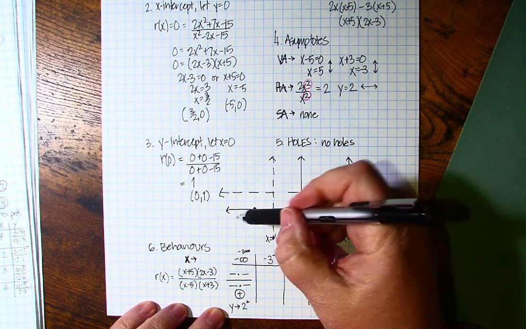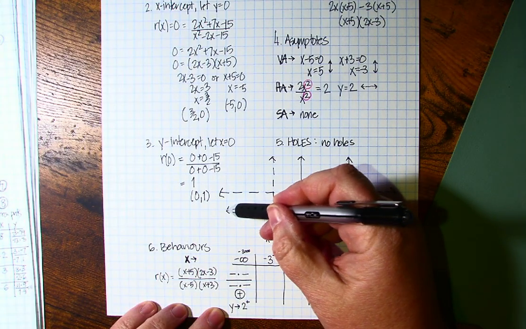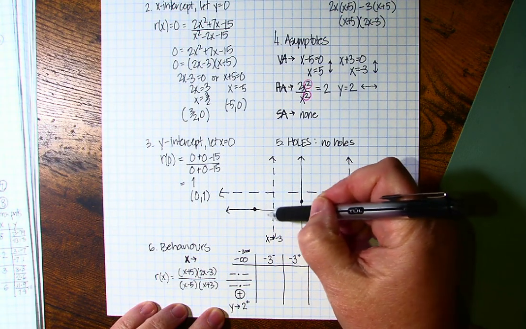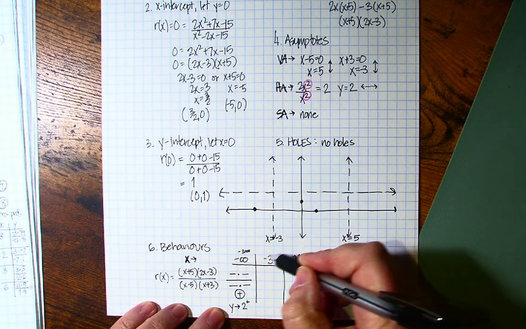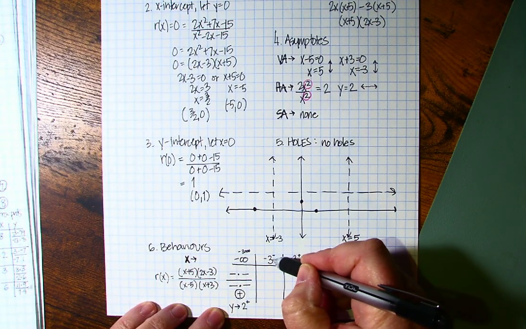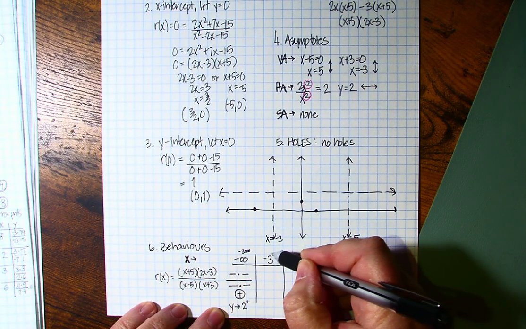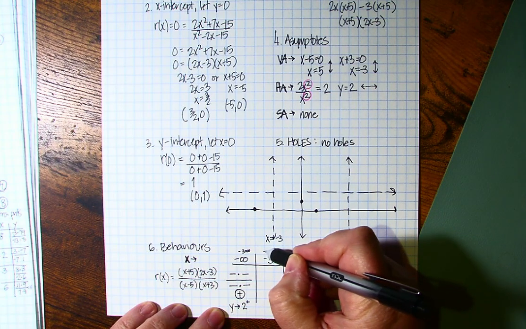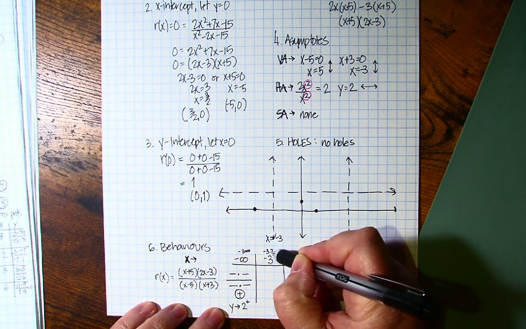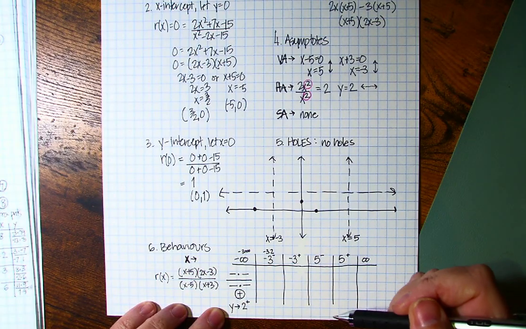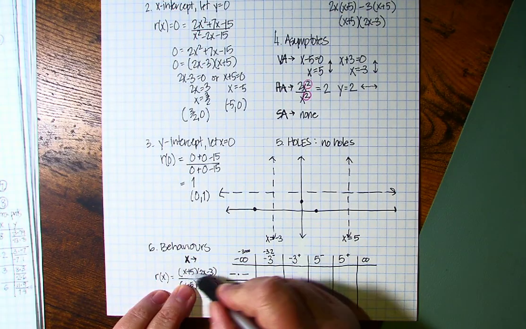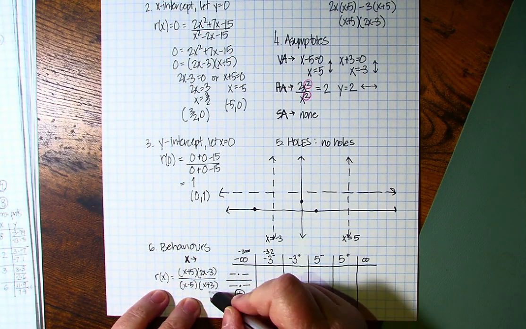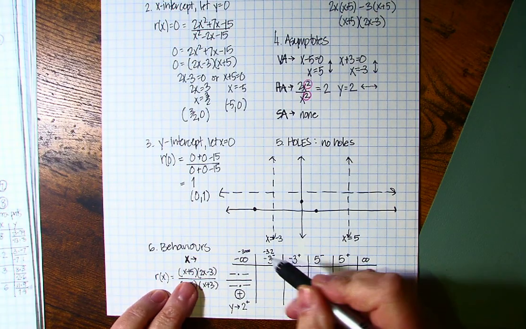Okay, now my x values are going to come in, and I have to consider what happens on either side of a negative 3. So if I go on the little side of a negative 3, or to the left of a negative 3, that would be, for example, a negative 3.2, something just a tad bit smaller than negative 3. I'm going to put that in for the x in each of the factors and look at the sign.